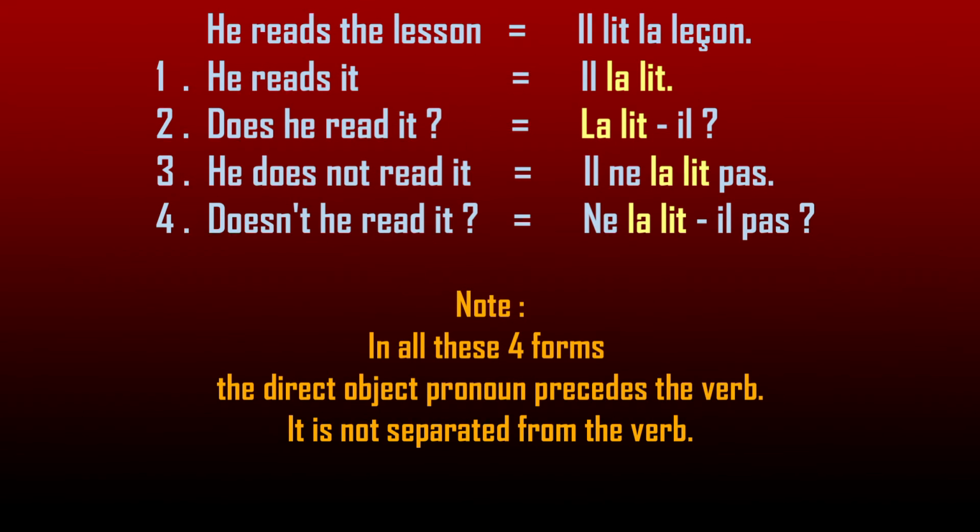We have a sentence with a direct object pronoun in French in all four forms: affirmative, interrogative, negative, and negative interrogative. He reads the lesson. Il lit la leçon. Here we have a direct object noun, the lesson.